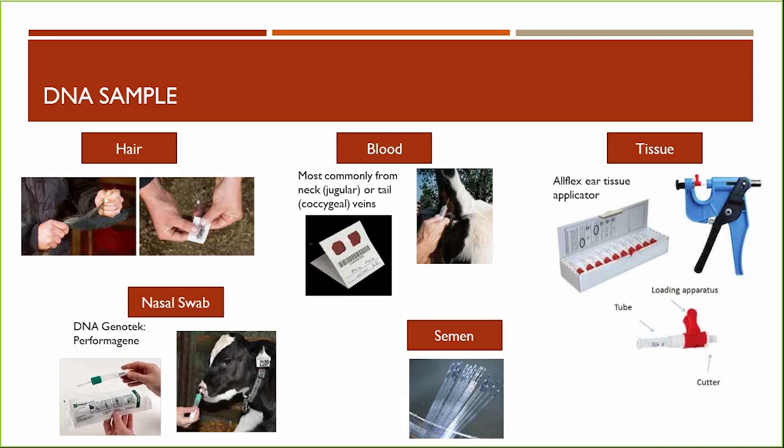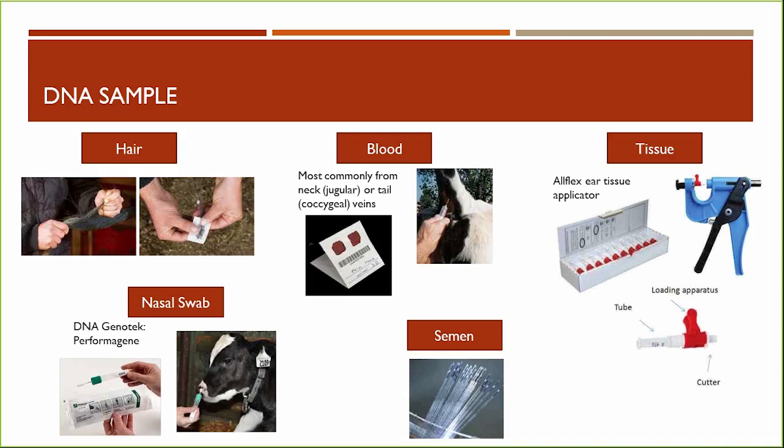Blood from the tail vein or the neck vein are most common. And often some of these suppliers will provide you with cards that you can put the blood onto. A tube of blood that your veterinarian collects, or that you collect, is also completely fine. The other one that's really common on farm, and the company that tends to do a lot of this is Allflex, but they're not the only company, is taking a tissue sample, particularly ear punches.